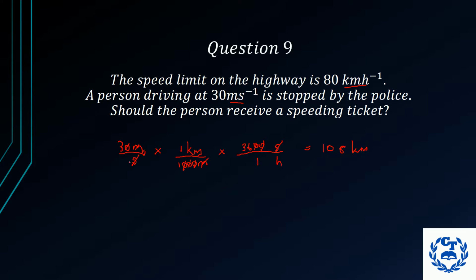And then on the underneath we have 1, 1, 1h, and we multiply all of those and we get on the underneath h. We will leave out the 1 for now. And we see in that the answer is 108 kilometers per hour. So therefore, this person should get a ticket because they are going over the speed limit.